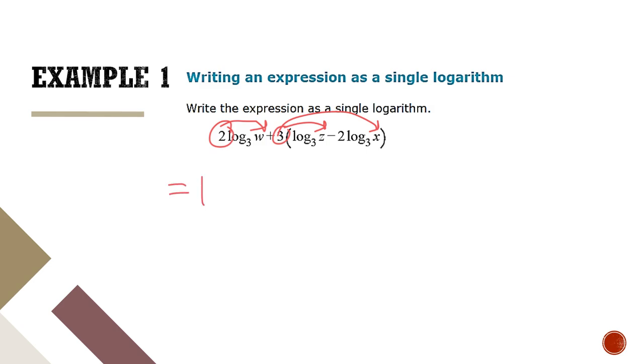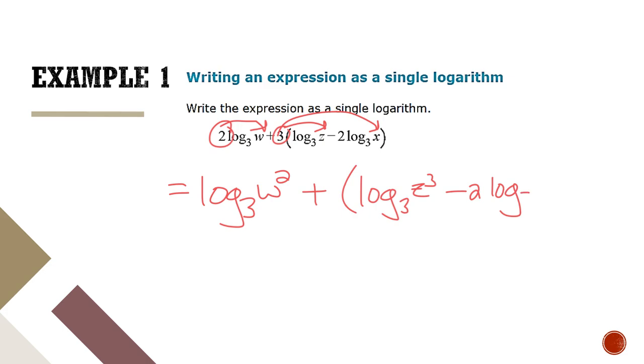So when we do this, this is the log base 3 of w squared, plus, in parentheses, the log base 3 of now z to the third, and then minus 2 log base 3 of x to the third in that parentheses. Now that 2 is in front, we can bring it back up into this and get that to become a 6.